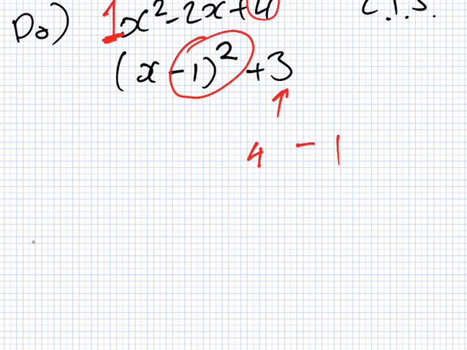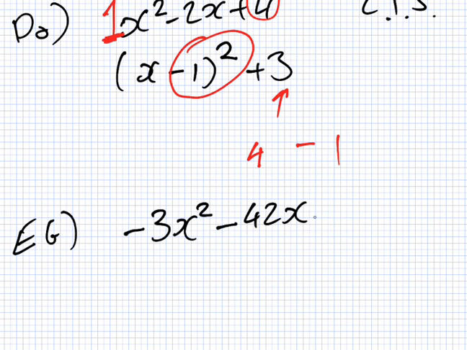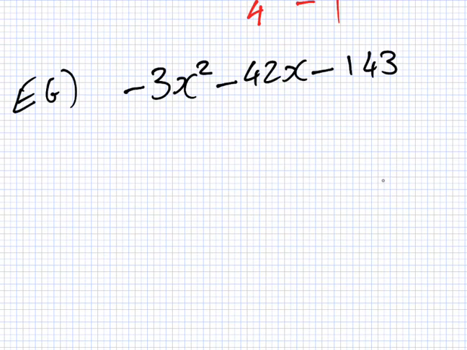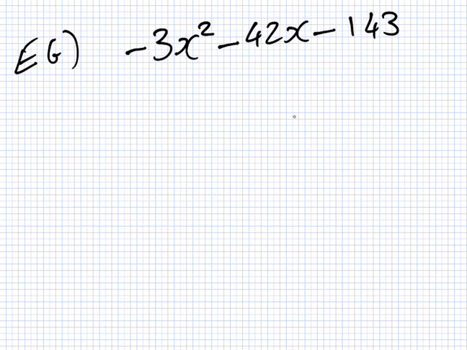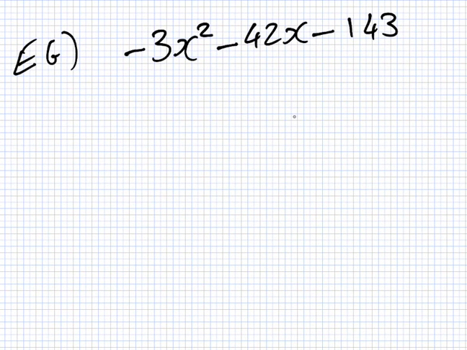Suppose I have, for example, minus 3x squared minus 42x minus 143. So we can't do the trick I showed you yet. We will later. Does anybody have any ideas about what we could or should do first?